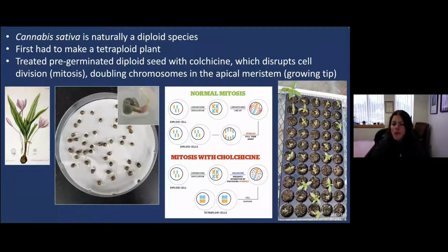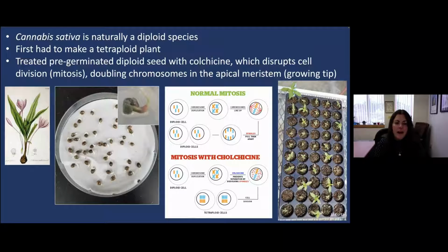That equals growth. That process of cell division is called mitosis, and mitosis results in growth. So if you hit an actively dividing shoot apical meristem with colchicine, the DNA can double, but the cell can't split. So you seize the splitting of the cell and you trap the tetraploid status of the chromosomes.